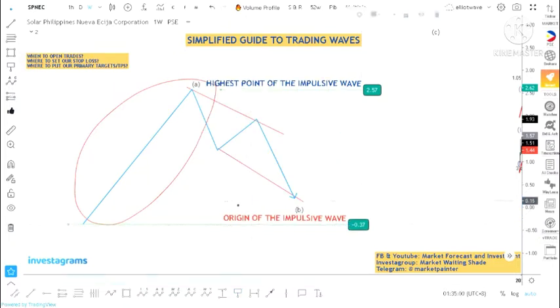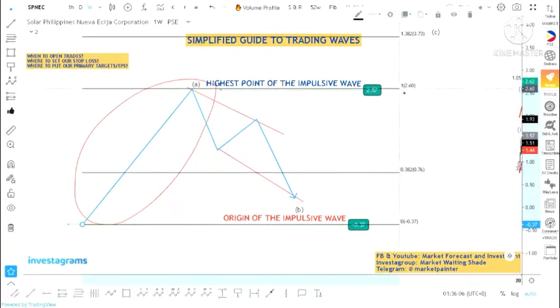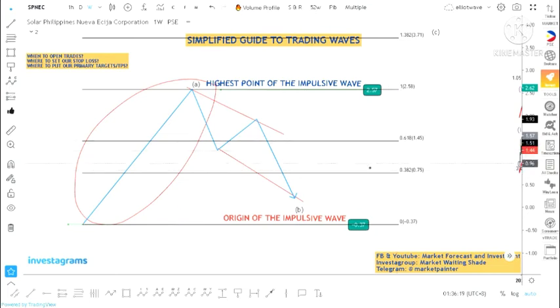With these 2 points identified, we proceed with our toolbars. We plot it from our highest point, and then the second one is from the origin. So here we have these values now, 382 and 618.